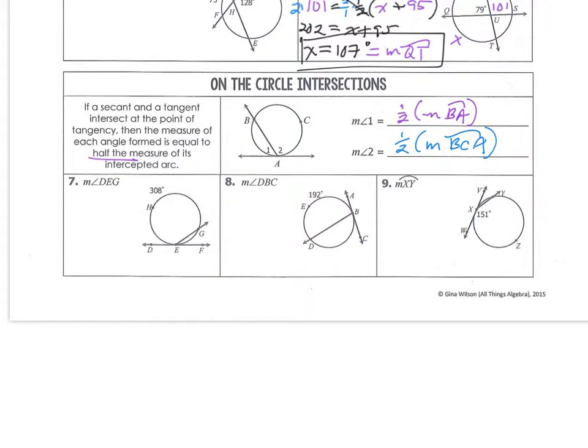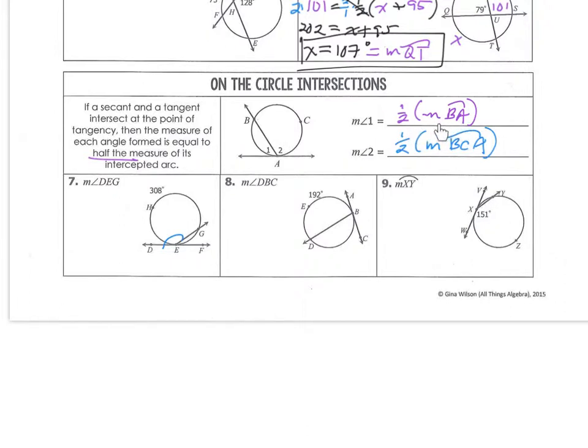So on number 7, they want us to find the measure of angle DEG. So from D to E to G, that's this angle. So we're going to go ahead and use that formula. So kind of the same thing. Is it any different up here if an angle is half of the intercepted arc?